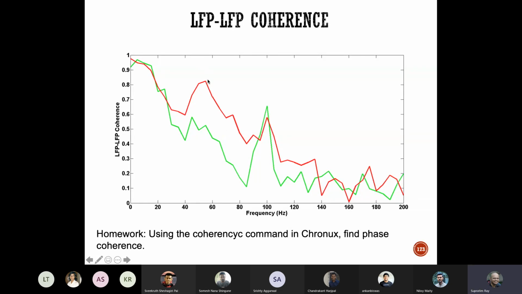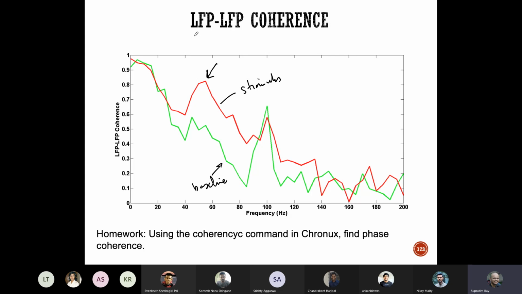But note this: when the stimulus comes on, there's a gamma rhythm, and what this analysis is showing is that this gamma rhythm is actually quite phase consistent. That is why you see a peak in the gamma rhythm. This is the stimulus period. This is the baseline. This is the actual data that I have given you.